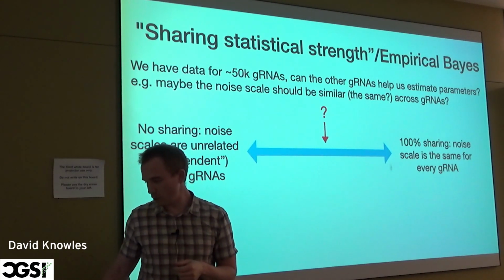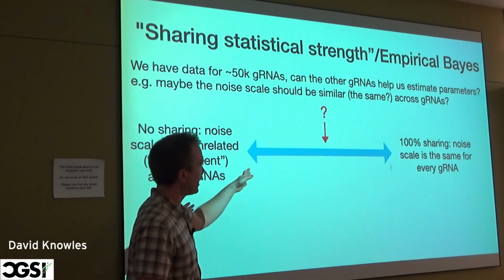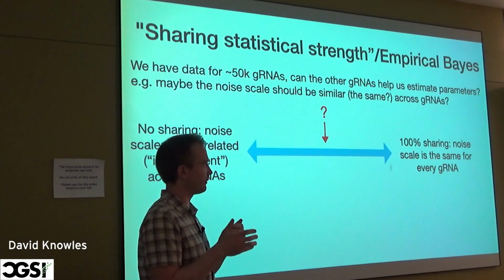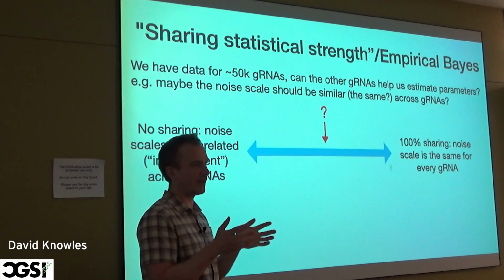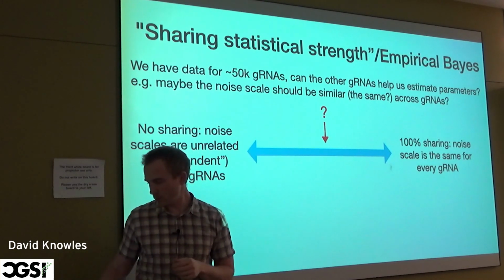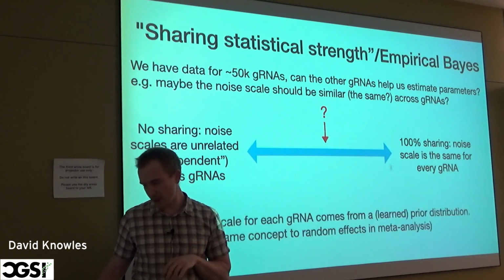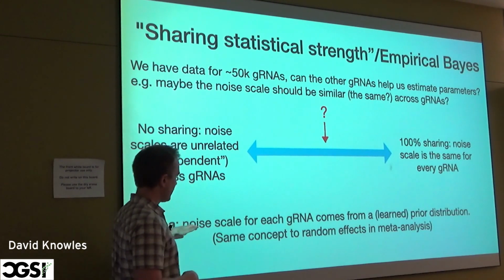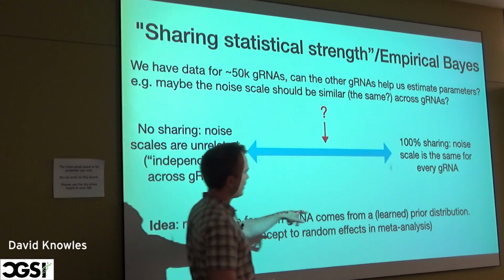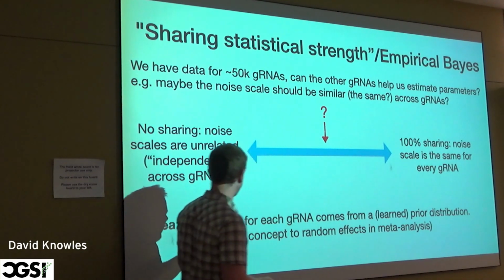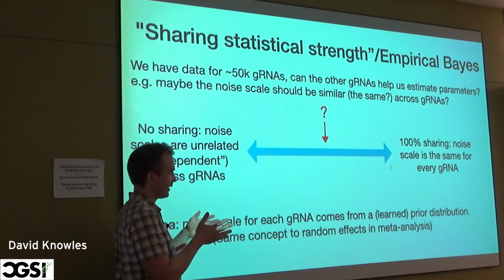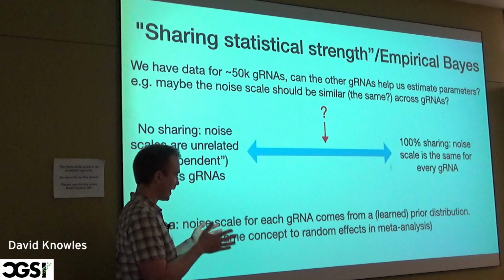But maybe the ideal would be to find somewhere in the middle, some optimal point where I share some information. I say probably the noise variances are similar across guides, but not exactly the same. Empirical Bayes lets you do this, and the way it does it is to learn a prior distribution on the noise scale, so that prior is shared across all of the guides.